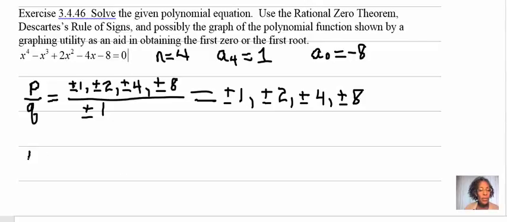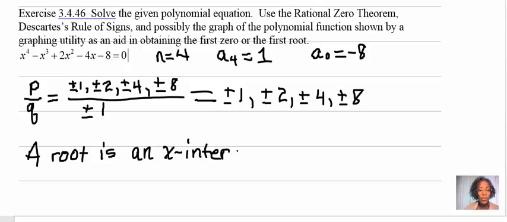Now, the thing to remember is that a root is an x-intercept of the function.